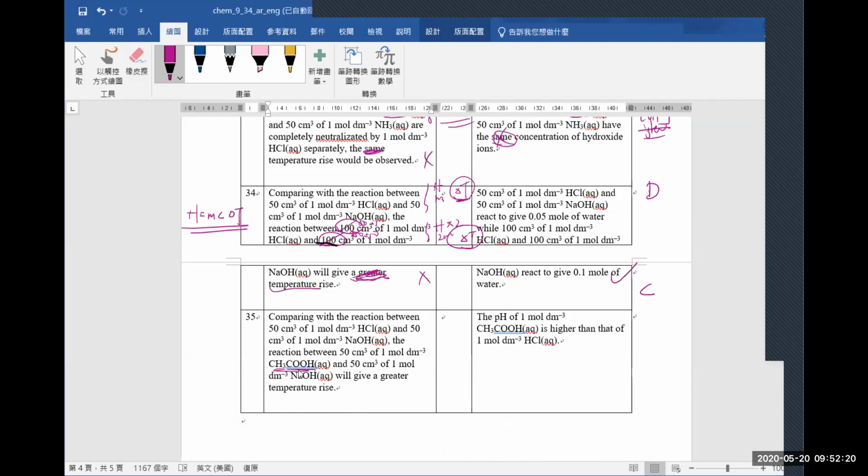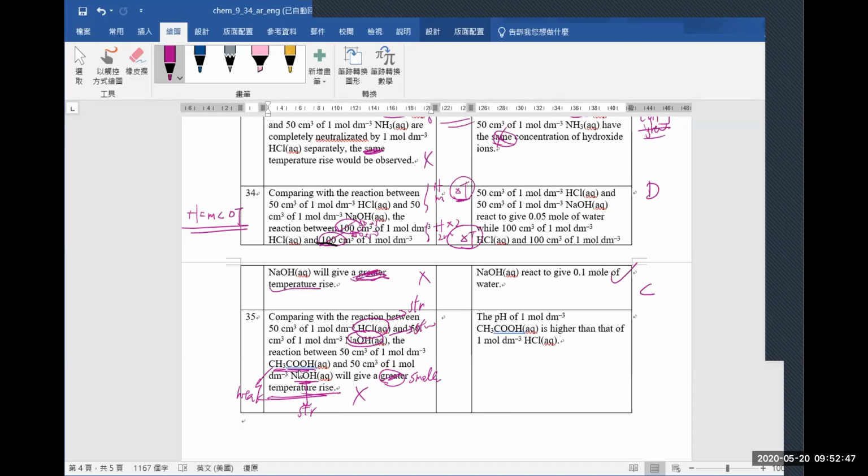Greater temperature rise. Can you get a point? It's not correct, it's wrong. Quite the opposite. It's a smaller temperature rise for the weak acid, strong alkaline combination when you compare with strong acid, strong alkaline. Okay? It's wrong, the second statement.